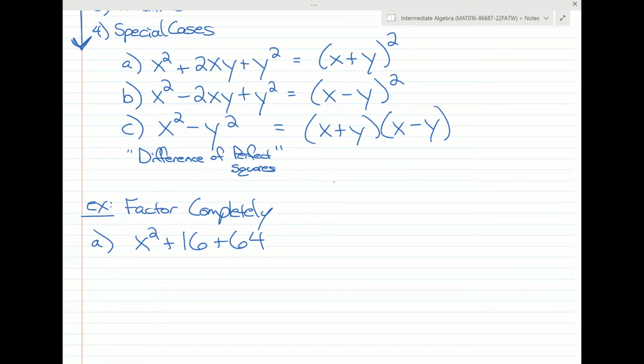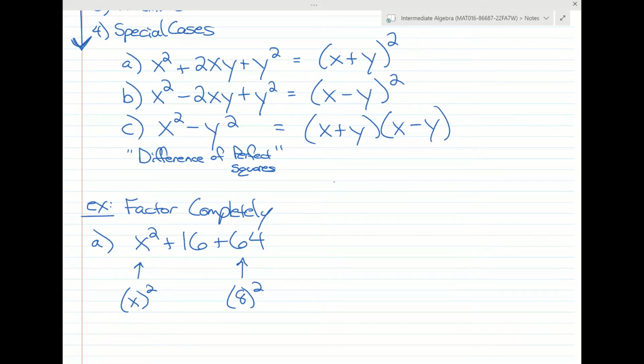When we look at the special cases, first thing I want you to recognize is that x squared is just the same thing as x times itself. 64 is the same thing as 8 times itself.